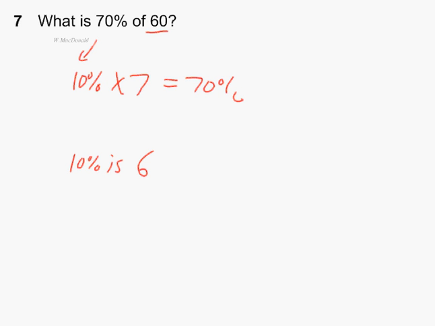So therefore, 6 times 7 would equal 70%, which is 42. If 10% is 6, and I multiply it by 7, I would get 42, which is 70%.